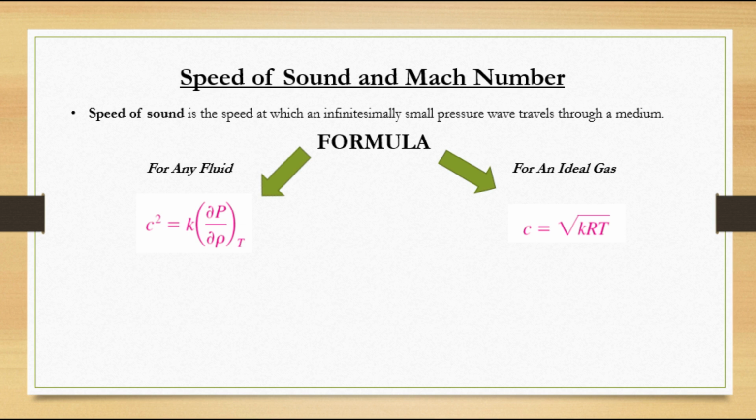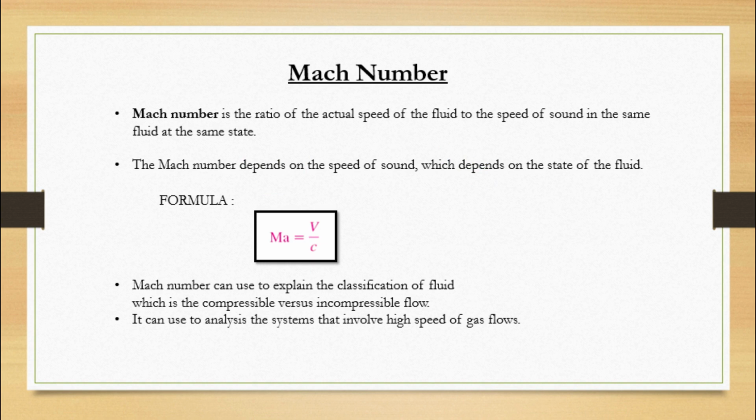Next, Mach number. Mach number is the ratio of the actual speed of fluid to the speed of sound in the same fluid at the same state. The Mach number depends on the speed of sound, which depends on the state of the fluid.